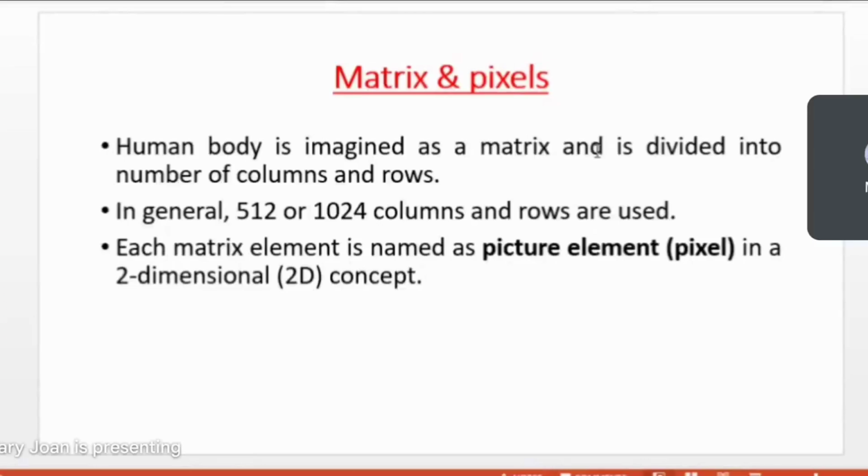in a two-dimensional concept. So a pixel is two-dimensional with rows and columns, and each square in the row and column format is part of the matrix, and all of that together is called the matrix. One unit in the three-dimensional space is the voxel.